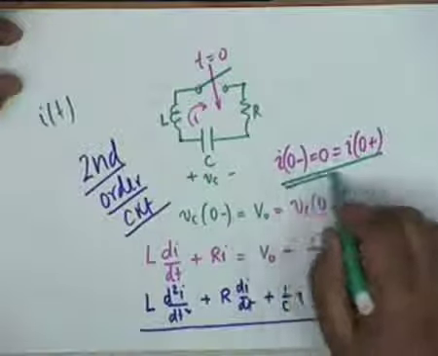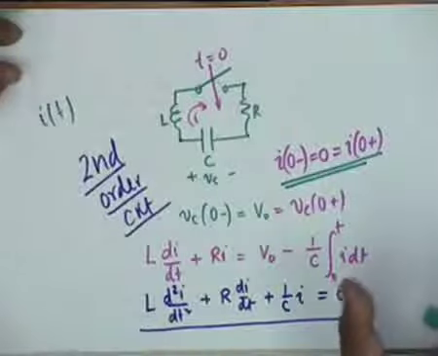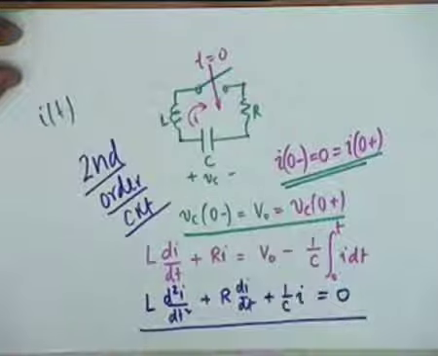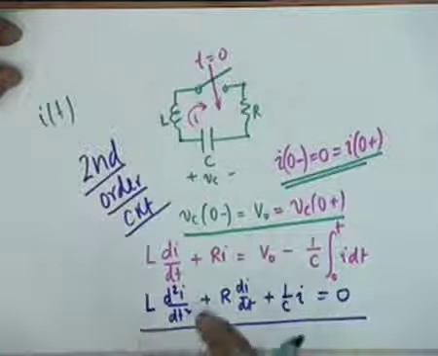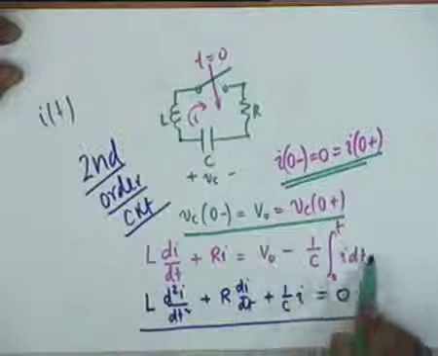One of the initial conditions is that I of 0 is equal to 0. I of 0 minus and 0 plus are the same. The other initial condition, I said, is not on I, it is on the capacitor voltage. Can we convert it to a condition on I? This is very illuminating by looking at this equation.